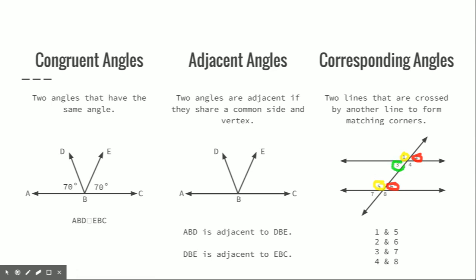So as you can see, they're in the same location, just on different lines. And finally, we'd also have 4 and 8 as corresponding. And what's important about that is the idea that corresponding angles have the exact same angle measurement. So if 1 is 100, then 5 has to be 100. And if 2 is 80, then 6 has to be 80. And so corresponding angles are congruent.